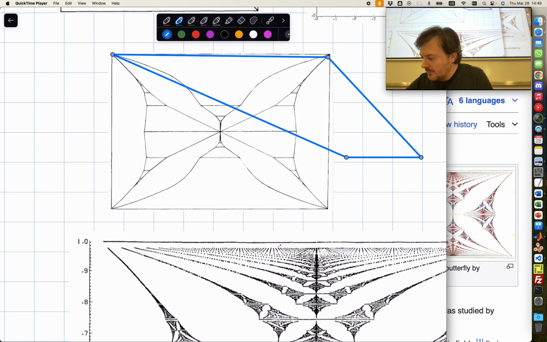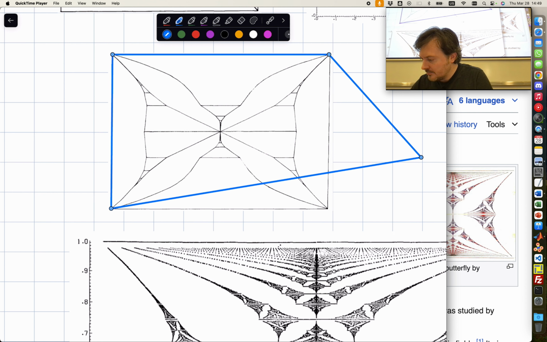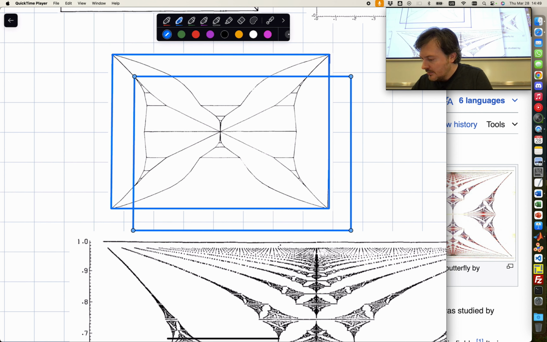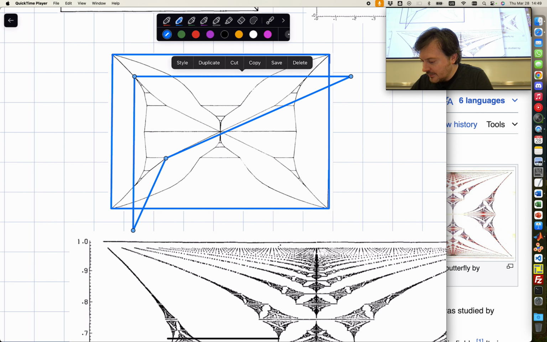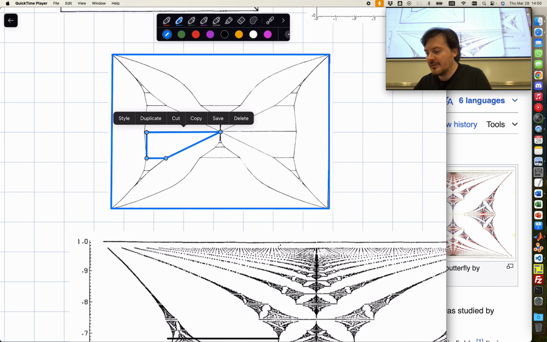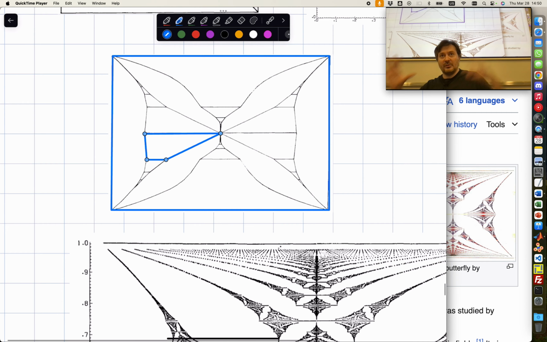So you take this image. Then let's say you copy this image and you put it here. A copy of this image. So you take the whole image, you put a copy inside.